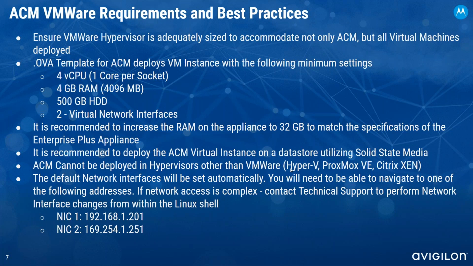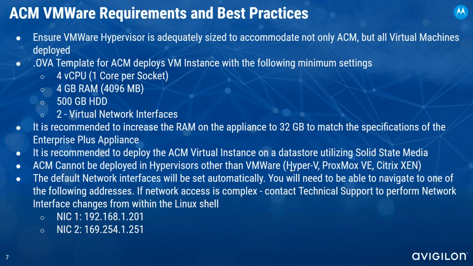The last thing here is that upon installation of ACM inside of VMware, there are two built-in network interfaces, NIC1 and NIC2. Those are hard-coded with an IP address, just like in our physical appliances. NIC number 1 is going to be hard-coded with 192.168.1.201, and NIC number 2 is going to use the one that you see on the screen here.